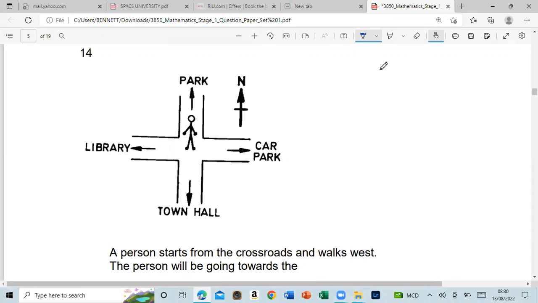Sir, it's the library. All right, so you change from the car park and say it's the library. We haven't done this, but this is the east. This is south. And this is west. So yes, it would be the library. So you have north, south, east, west. So they will be going to the library.